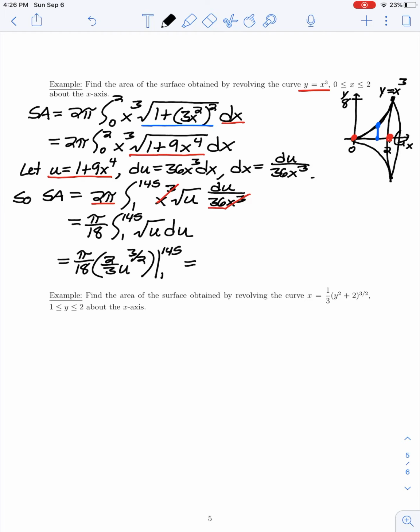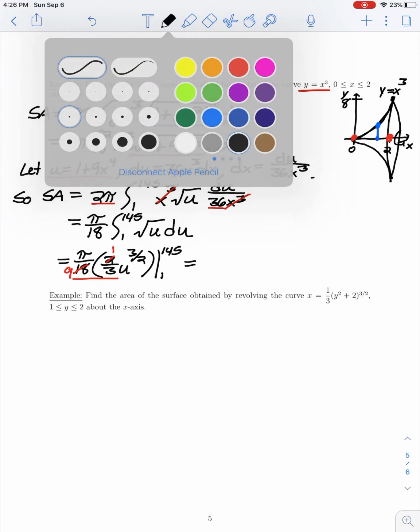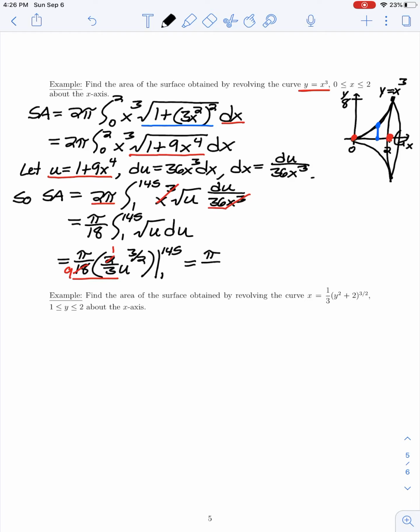So in our last step, we'll simplify the constants a little bit. Here we would have pi over 18 times 2/3. Well, I can cancel a factor of 2 on top and bottom. That gives me pi over 9 times 1/3, or pi over 27.